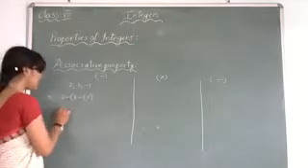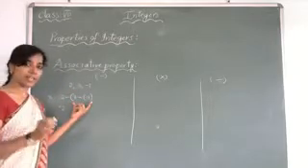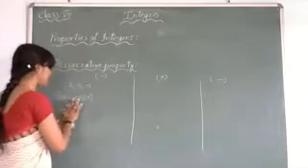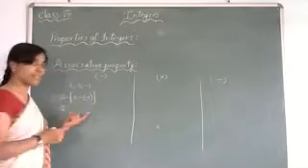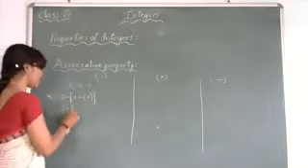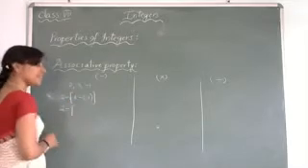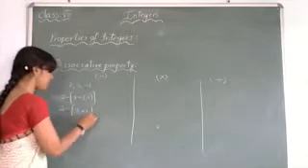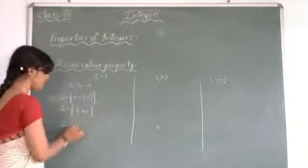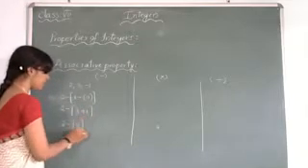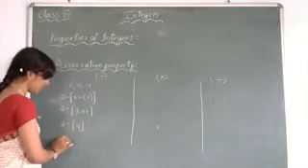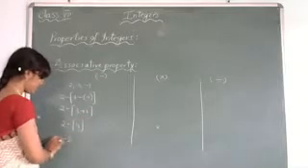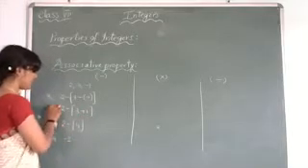Whatever is in the bracket, we solve first. So 3 minus of minus 1 becomes 3 plus 1, which is 4. Then 2 minus 4, how much are we getting? Minus 2.